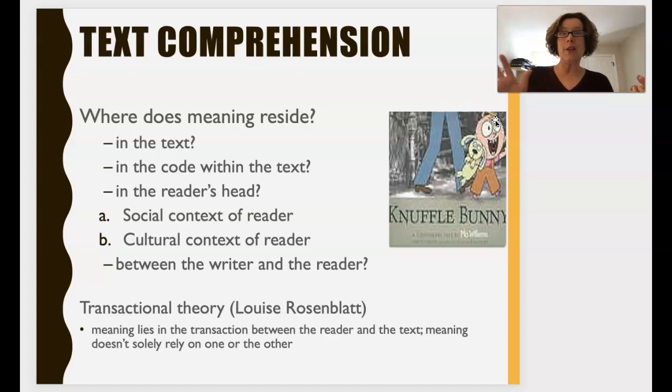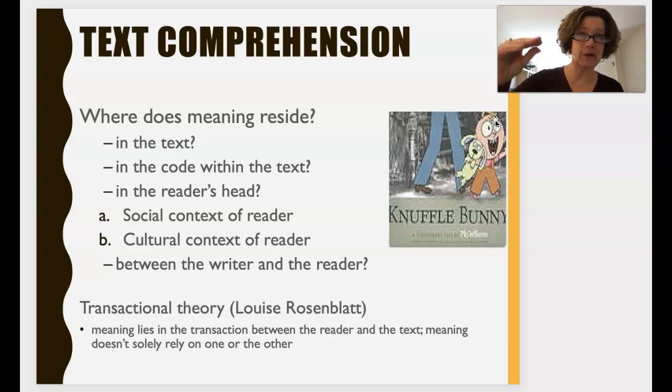So thinking back to Nokam is My Teacher, an Indigenous child may react very differently than a dominant cultural child to that text. And both may have positives and negatives to that book. Okay, so that's a little bit of a whoa. Where does actual comprehension lie? Is it a mixture of all of these things? I'd say it's a little bit of a mixture of all of these things.